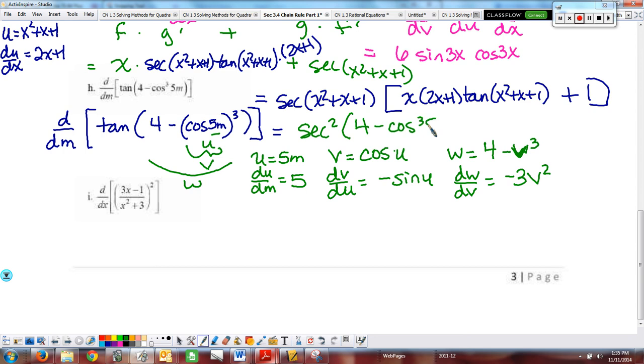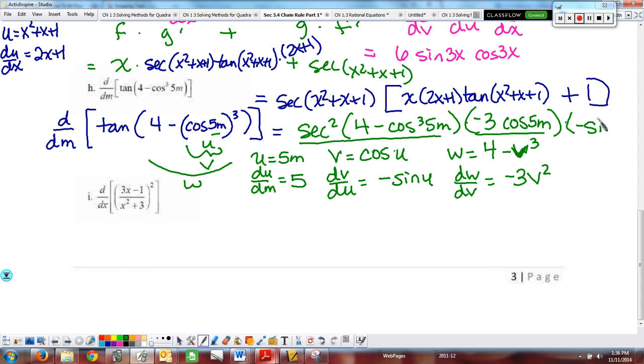So we bring this all in, okay, times. So after I take the dy dw, now I got to go dw dv, negative 3v squared. Remember, v was cosine of 5m. Cosine of 5m. Okay. Times, so this is link 1. Here's link 2. Now I got to put my dv du in.